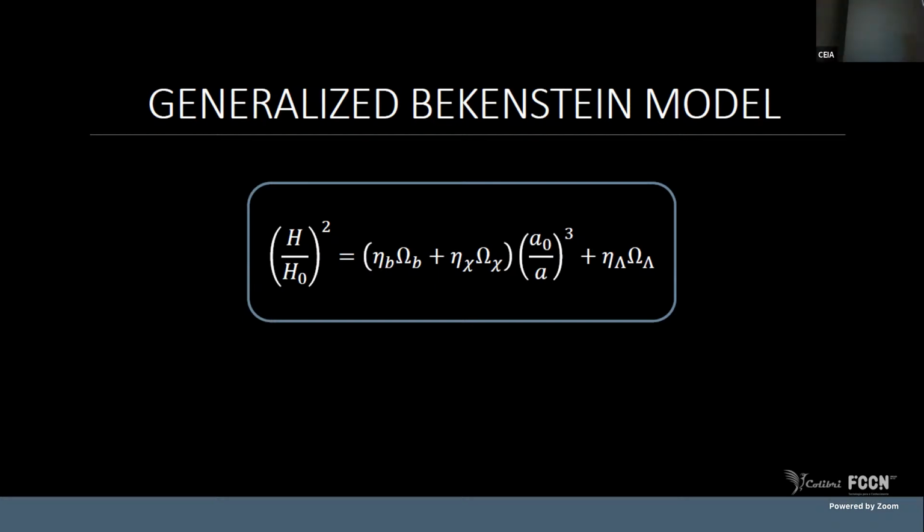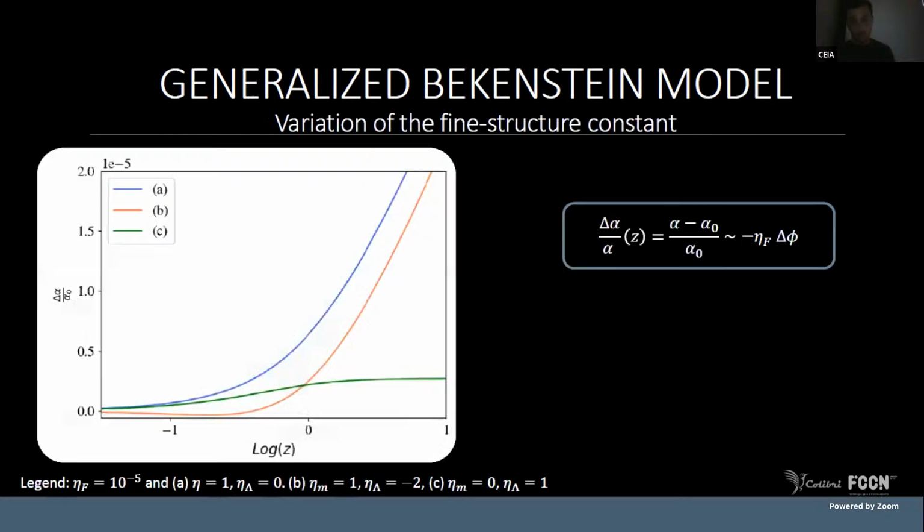And then the only thing is these Greek letters, not an N, is an eta. It's basically just a coupling, it tells us how strongly that degree of freedom couples to that quantity. So let's say that eta B tells you how strongly it couples to baryons, to ordinary matter. And like I promised, sorry for the bright lights, we have variation of the fine structure constant.